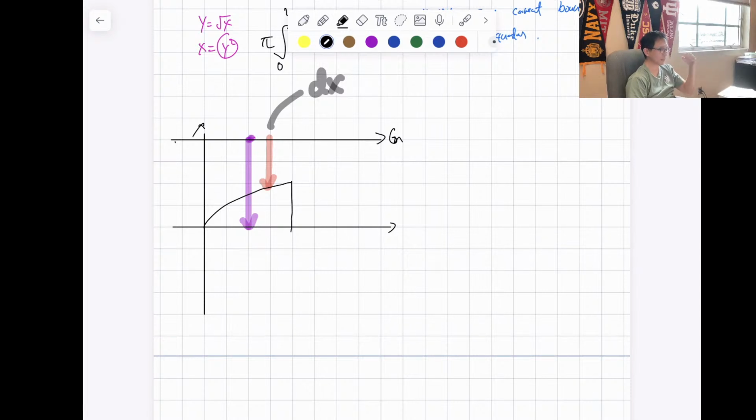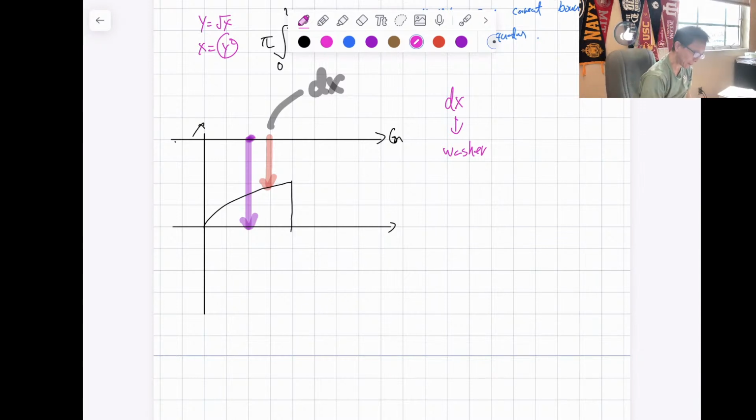Now, if we just take the purple slice and rotate it, it's gonna give you a whole cylinder, but this cylinder is carved out with a hole in the middle, like yesterday in the video where they carved out the middle. So it's gonna be a washer, because there are two things to worry about.